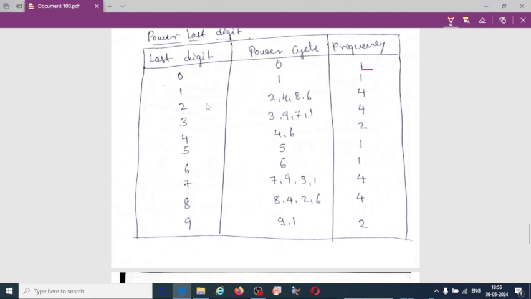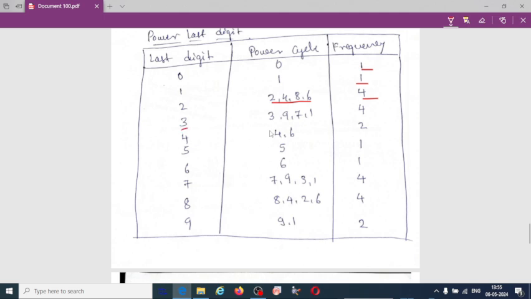If the last digit is 1, that is 1, frequency 1. If the last digit is 2, then you may come across 2, 4, 8, 6. Their frequency is 4 for last digit 2. So you have to verify all the 4 numbers.